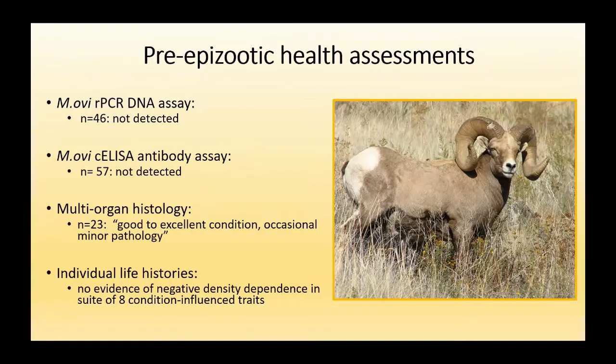Growth rates that were sufficient to produce somewhat over 20 record book rams in the 10 or 15 years leading up to the epidemic. So no evidence of any sort of a health issue and no evidence specifically of MOV prior to spring 2016. That in contrast to the epidemic, in which 90% of 32 fresh carcasses recovered during the epidemic tested positive for MOV.